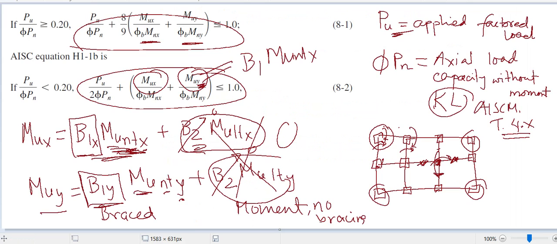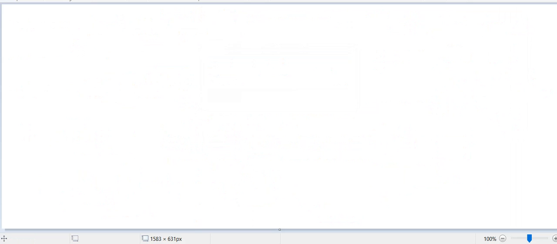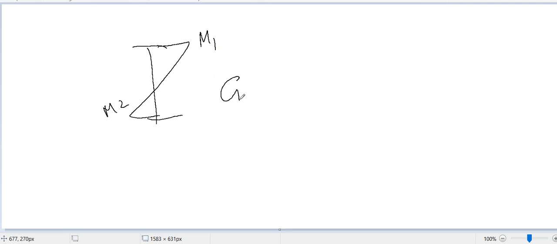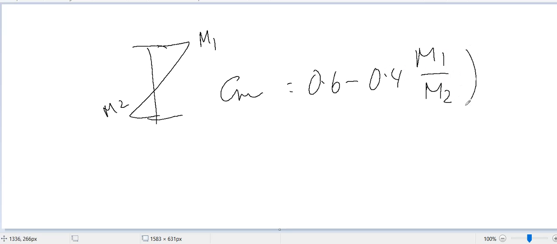That means if there is a column here, and the moment is this, M1 the larger one, M2 is this, so Cm can be found as 0.6 minus 0.4 M1 by M2. There is a negative sign here, because if this moment is positive, this one is negative.